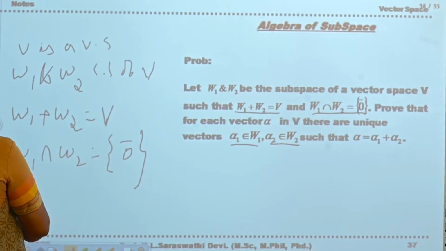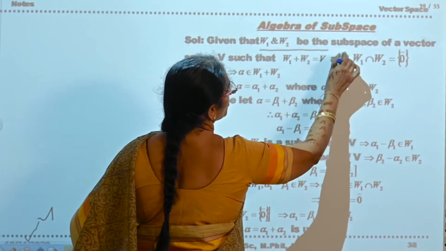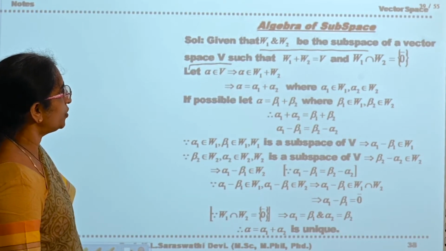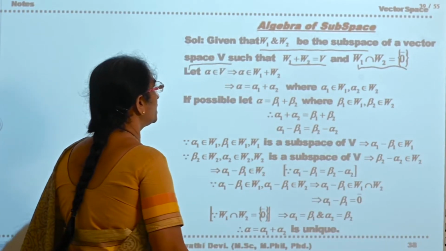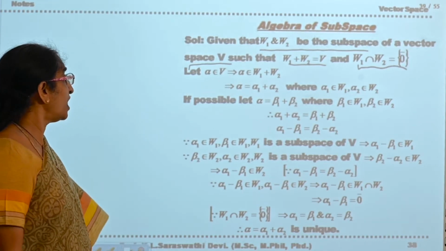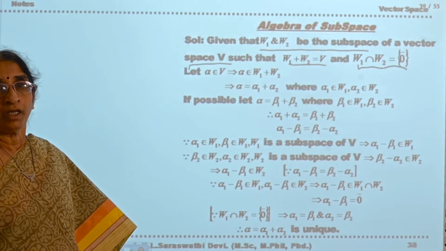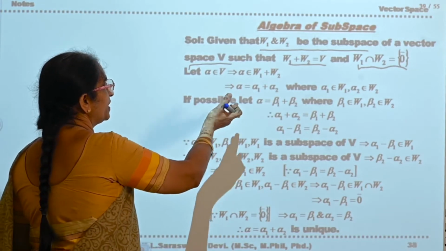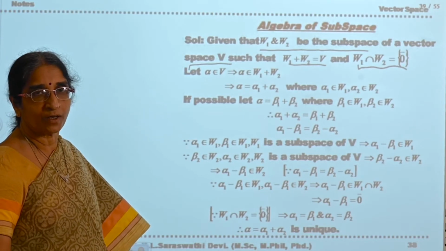Okay. Now see how we are able to prove. Take what is given to you: W1 and W2 are subspaces of a vector space V, W1 plus W2 is equal to V, and W1 intersection W2 is singleton zero bar. Let alpha belongs to V. Since V is equal to W1 plus W2, every element of V will be of the form alpha 1 plus alpha 2, where alpha 1 belongs to W1 and alpha 2 belongs to W2.